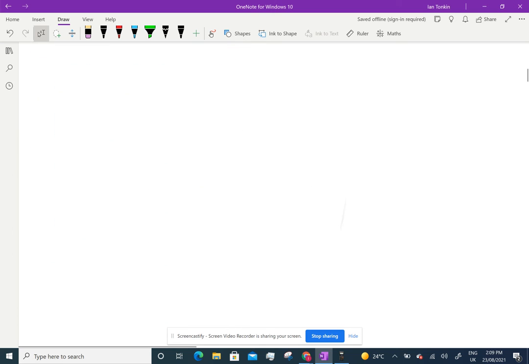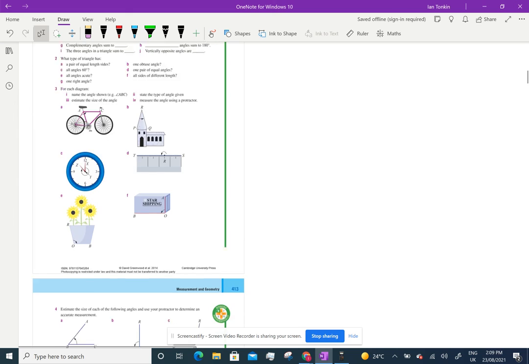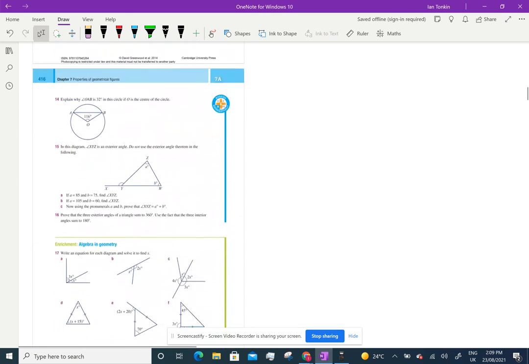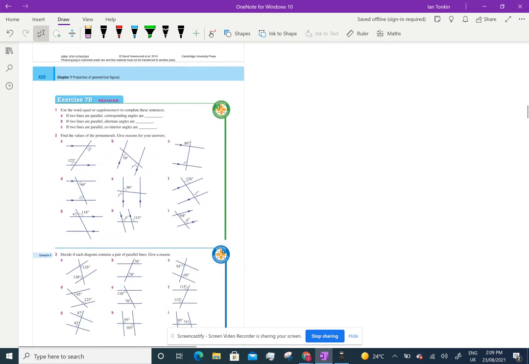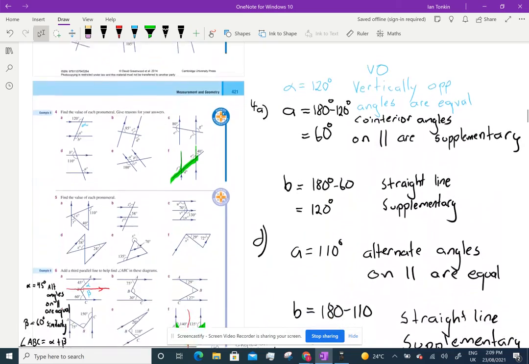Make sure that you have your rules for parallel lines, corresponding, alternate and co-interior, and just do questions 4 and 6.